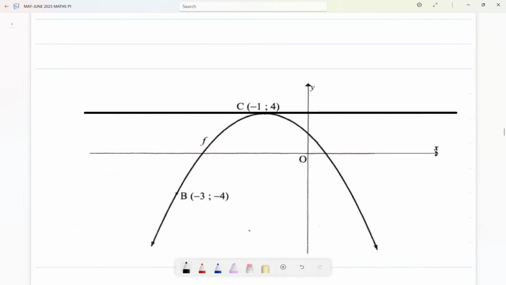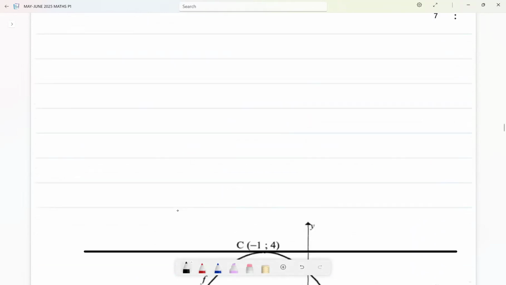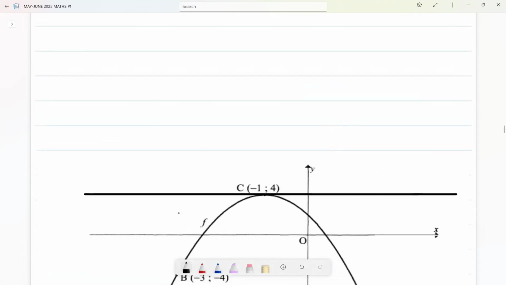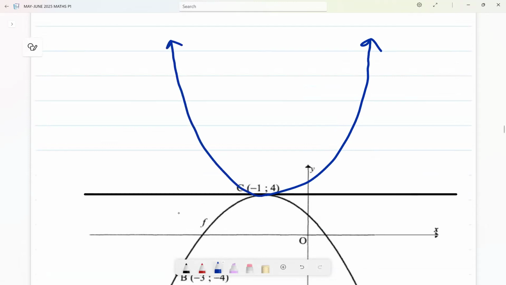When I reflect it across this line, do you agree it's just going to flip like a mirror? It's just going to flip and look something like this. This is g prime of x.